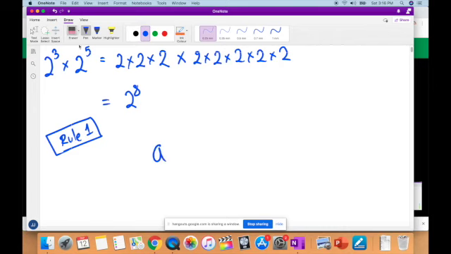Alright, before we get to the rule, let's try one more. What if I had this? That's a multiplication sign.